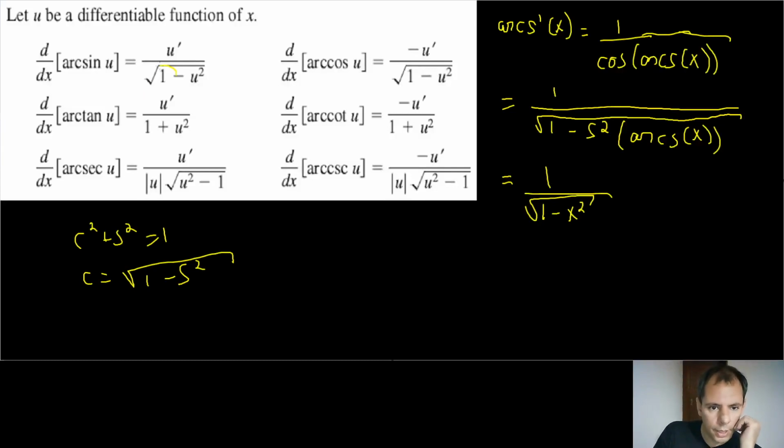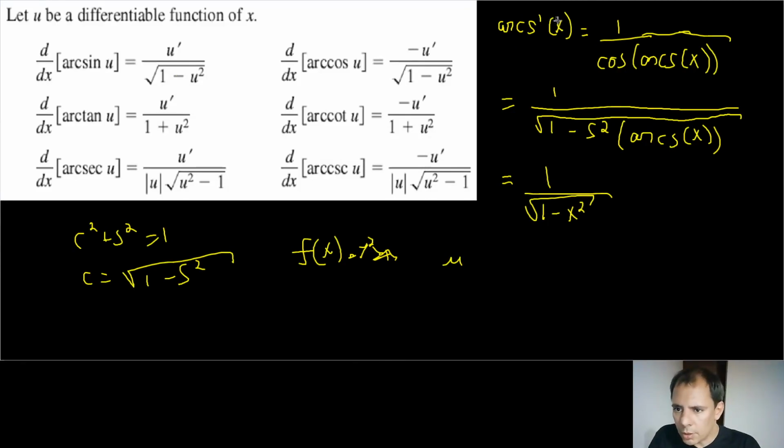Now, which is right here. Oh, but there's a u in there. Well, let's just say that instead of the arc sine of x, you have some kind of function of x instead of x, which is x squared plus blah, blah, blah, right? So we're going to call this function of x u. So instead of an x in here, it's just going to be a u.